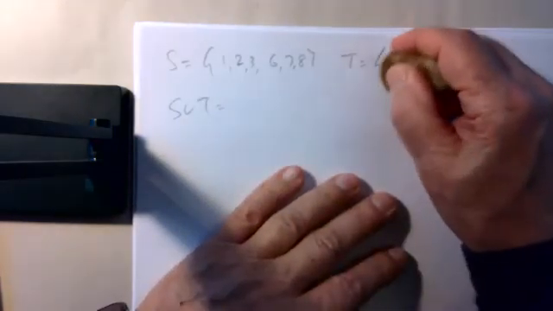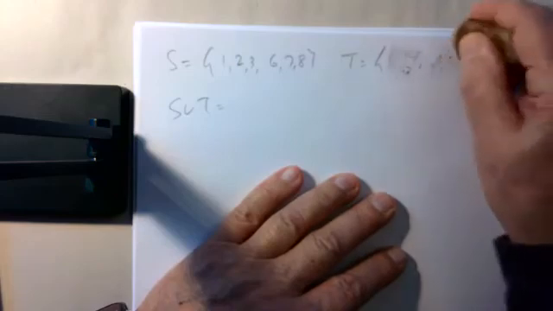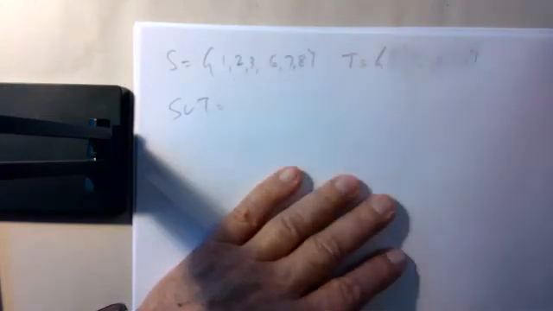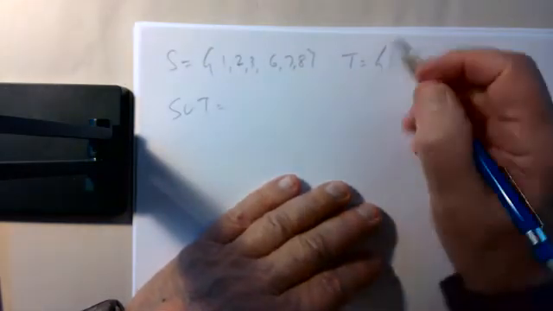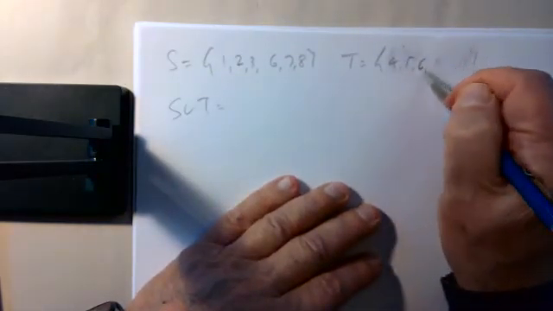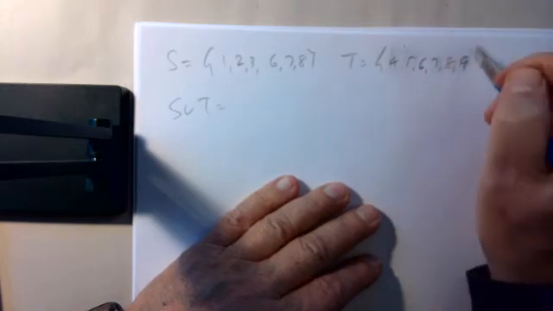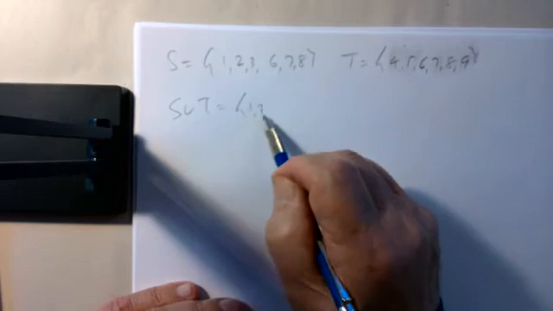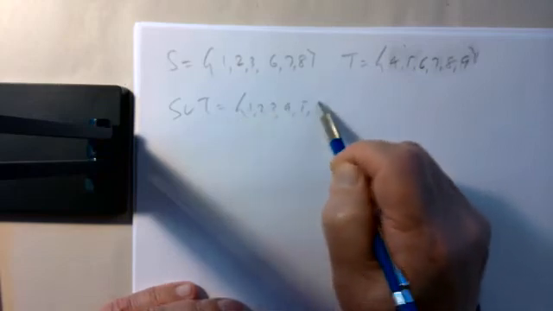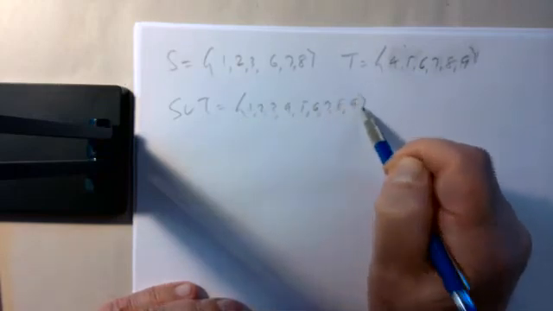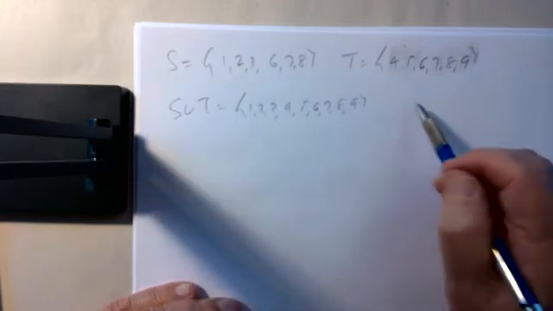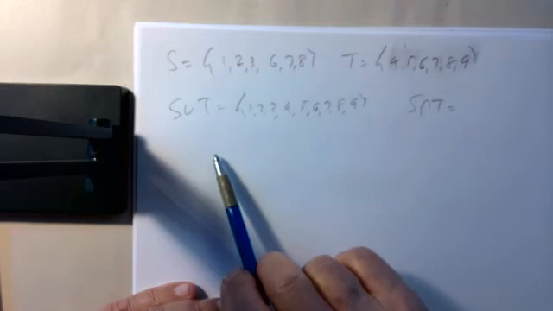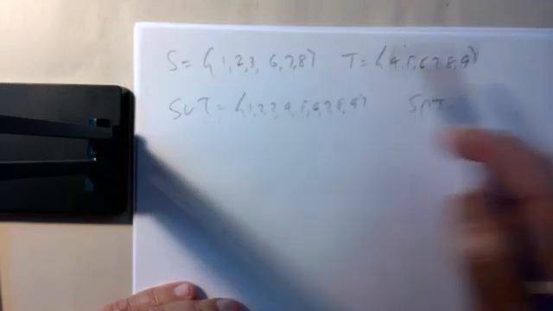Let me write this as, so this is S. Let's say I'll make T 4, 5, 6, 7, 8, 9. So the union of S and T is all the numbers from 1 to 9. The intersection of S and T is 6, 7, and 8.